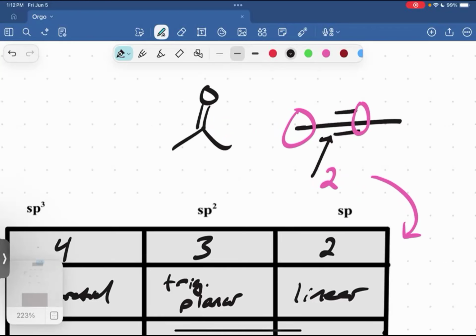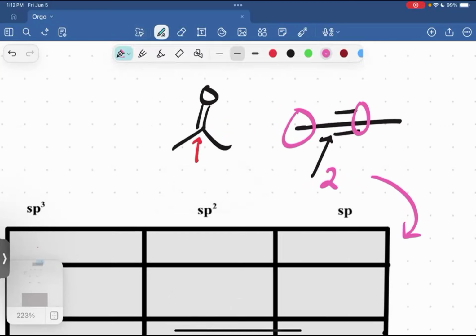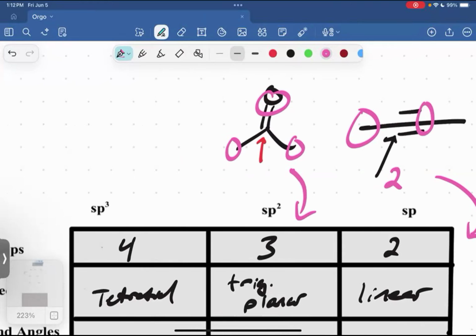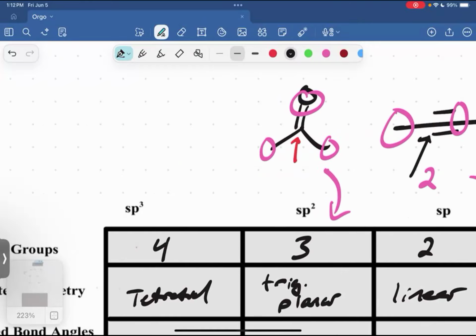That carbon there has how many groups coming off of it? 1, 2, 3. So it's going to give us sp2 and be trigonal planar. And so on and so forth.